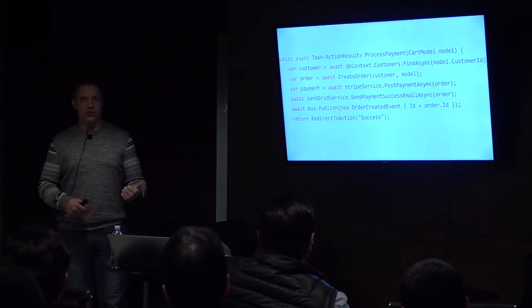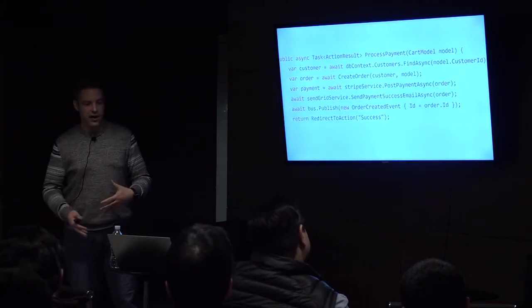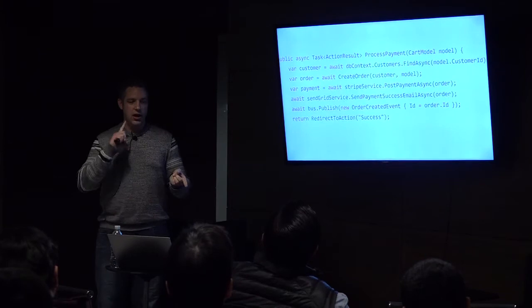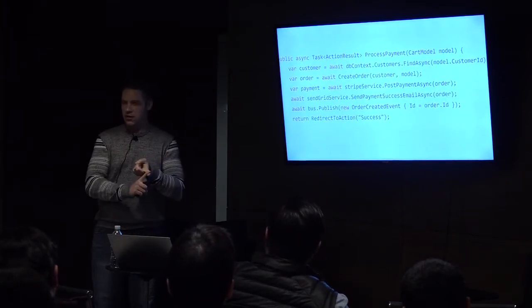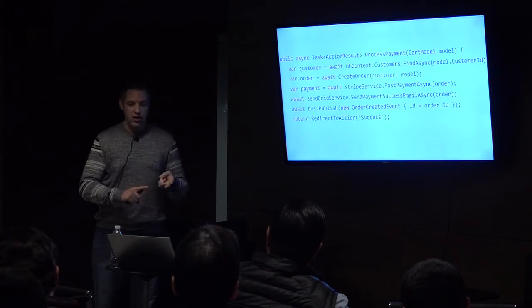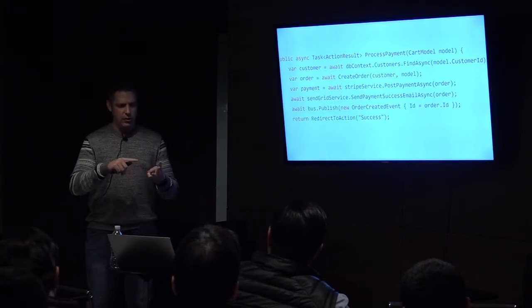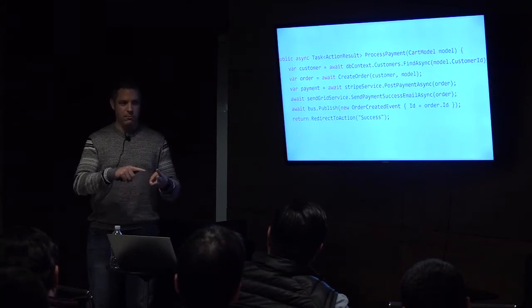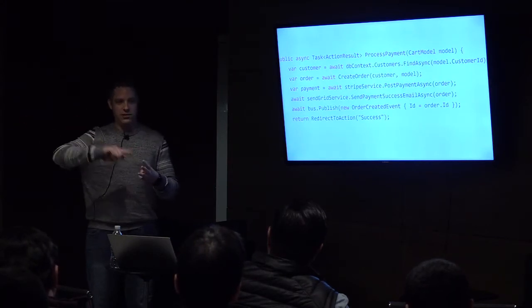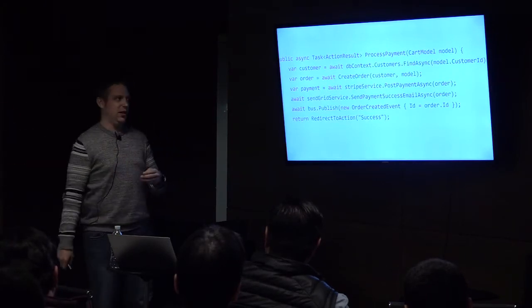So this code base was using just Entity Framework, a regular database behind the scenes, but it was also using the Stripe API to actually process payments. It was using SendGrid to send emails, and it was using RabbitMQ for messaging to notify some downstream systems to actually do some shipping of the order and things like that.